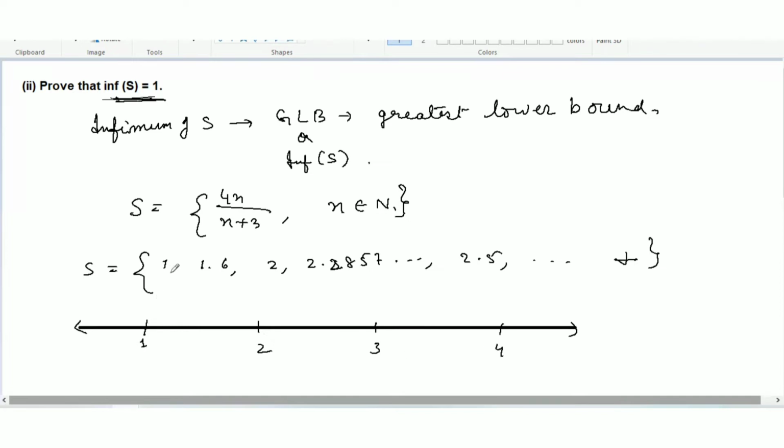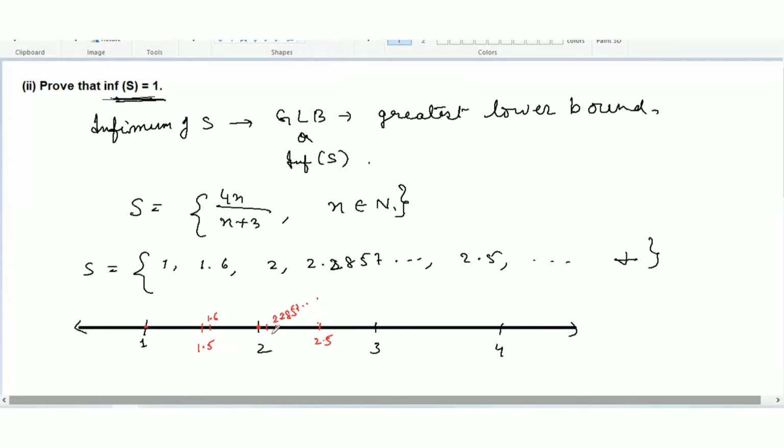The first number is 1. The second number is 1.6, so somewhere after 1.5 here will be 1.6. Then this is 2, then 2.2857 is here, and 2.5 is somewhere here.